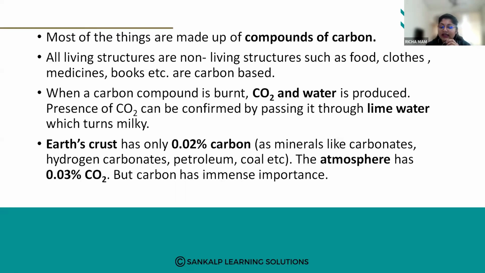Carbon has a very versatile nature. Books are made from wood, and wood is nothing but again carbon. Then in soaps. Then stationery items like the pencil. In a pencil there is a substance called graphite. This graphite is again made from carbon. It is an allotrope of carbon, right?